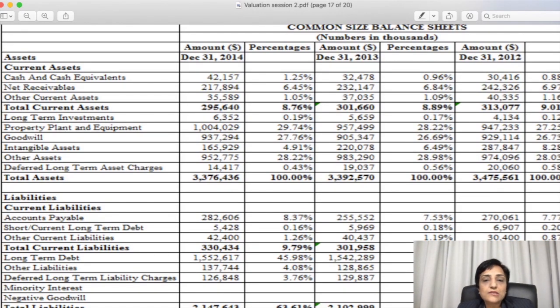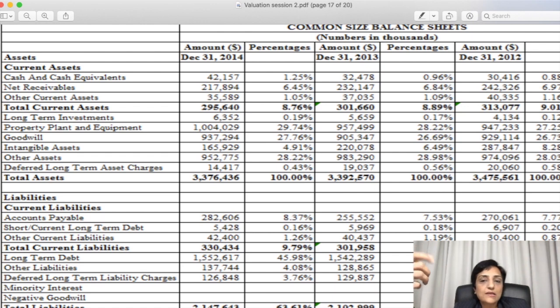This helps us when we compare with the past years, like 2014 data as compared to 2013 and 2012. Then we get to know how the assets have changed, whether any investments were made in the assets, or whether they have remained stable. And how do we project that in future? Are we planning to do more investments in any of these lines?